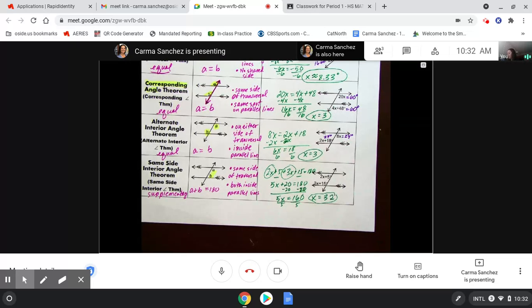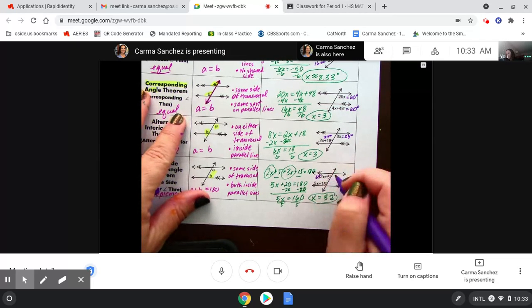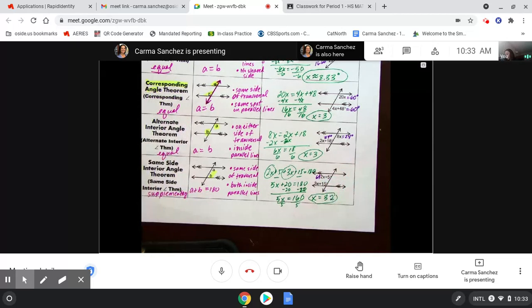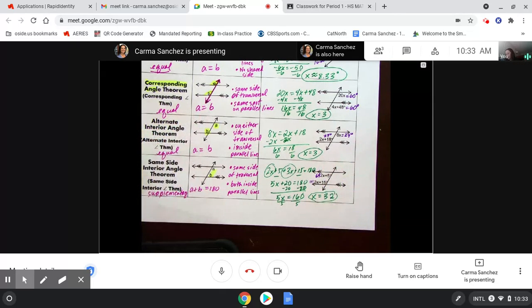But if they ask me for the angle measures, I need to plug it in. So 32 times 2 is 64 plus 5. I get 69 degrees for this inside angle. And then 3 times 32 is 96 plus 15. I get 111 for this angle. If I take 111 plus 69, it equals 180. And we're done.